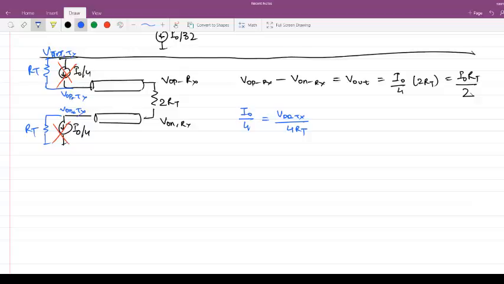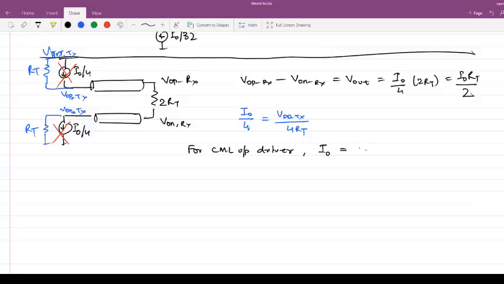Okay, so let's just write it in a different manner. For the CML output driver, the current I0 is equal to, let's say, the output swing.